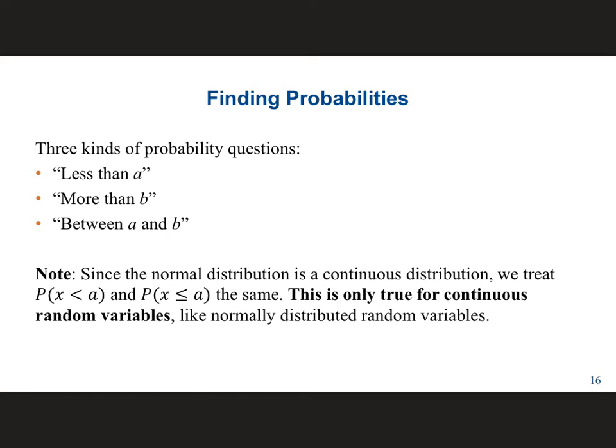But this is only true for continuous random variables like normal distribution variables. So again, we can treat less than and less than or equal to the same only in normal distributions. Do not get normal distributions and your binomial distributions from chapter 5 mixed up there.